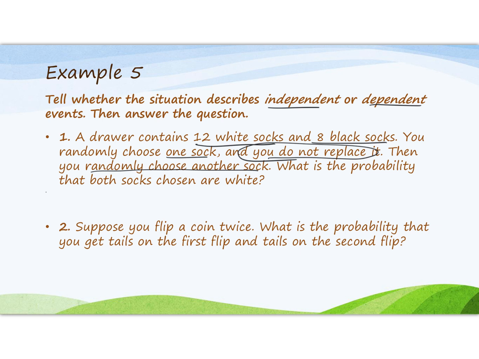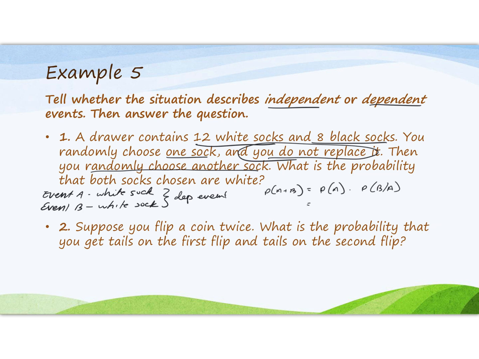So they want, again, event A is a white sock. Event B is also a white sock. But because I didn't replace the sock after I chose it, this is going to be a dependent event. So the probability of A and B happening is going to be the probability of A times the probability of B given that A occurred.